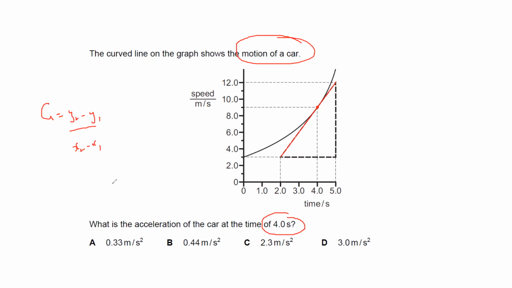So when you use the formula, it's y2 minus y1 over x2 minus x1. The first point on the y-axis, as I mentioned, is called y1. So what is the value of y1 according to this? y1 is equal to 3.0, or you can say 3. What about y2?